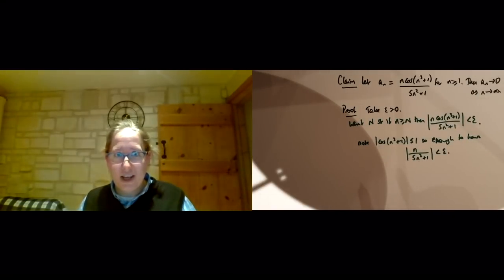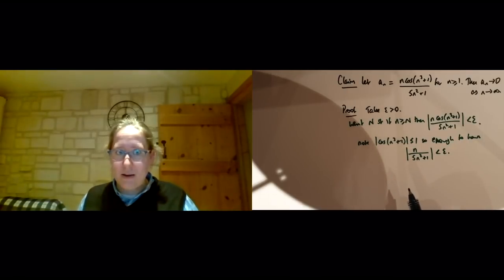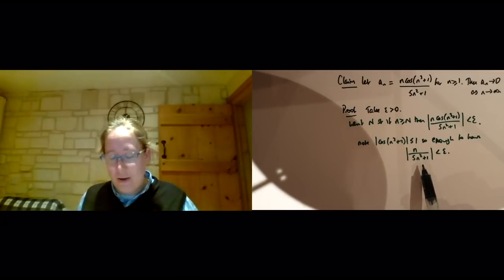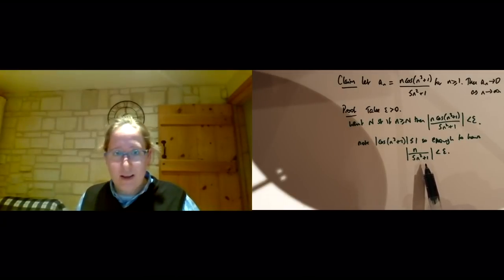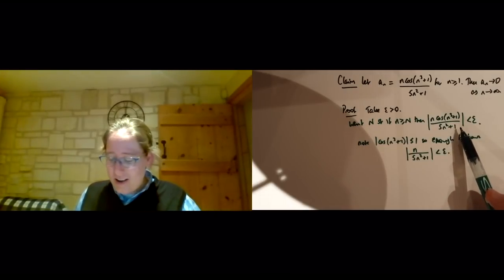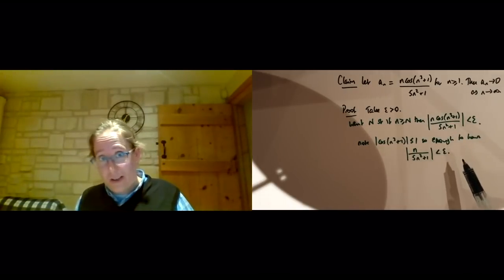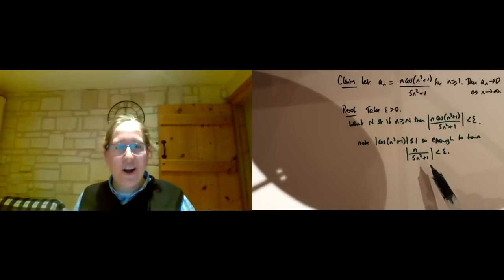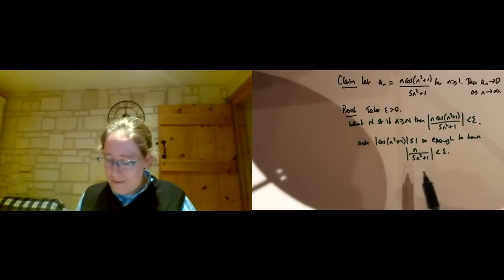To clarify the logic here, if we could find a capital N so that whenever little n is greater than or equal to capital N, the absolute value of n over 5n^2 + 1 is less than epsilon, then the absolute value of a_n, the thing we're interested in, is less than or equal to that, so it's also less than epsilon. And look, I've just got rid of the horrible, disgusting cos term.